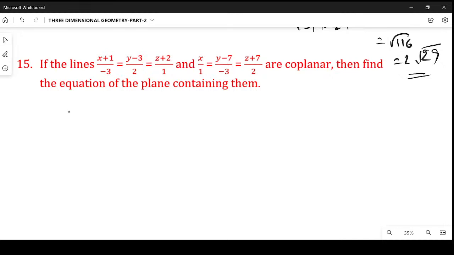From the first equation, I can write the point x1, y1, z1. It is given in standard form, right? The point is minus 1, 3, minus 2.